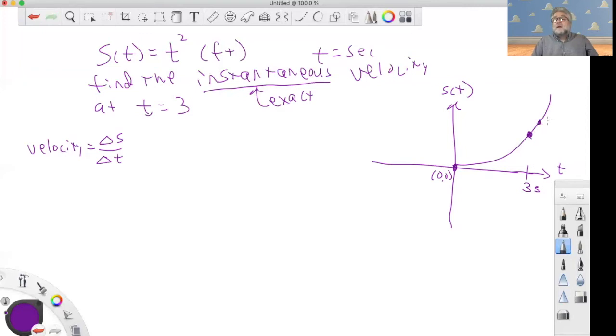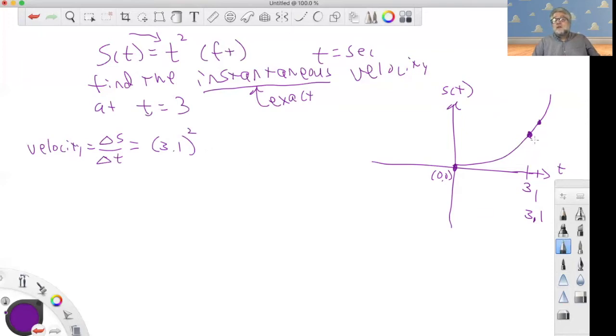Why don't I pick t equals 3.1 seconds? How's that sound? Ooh, that sounds exciting. So I'm going to pick 3.1 seconds. Okay, now we're talking. So I'm going to put in 3.1 for t, so that'll be up here, 3.1 squared, because I'm using a t of 3.1. So let me write the coordinates here.